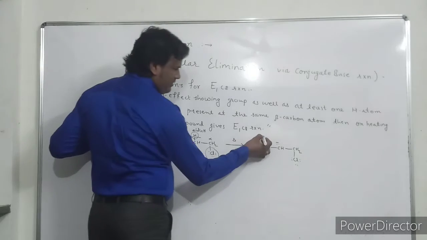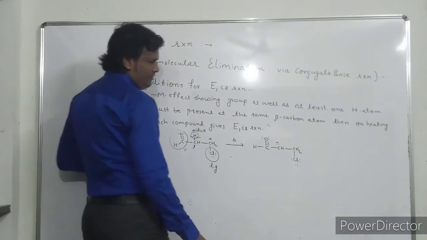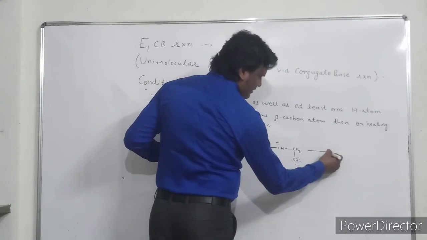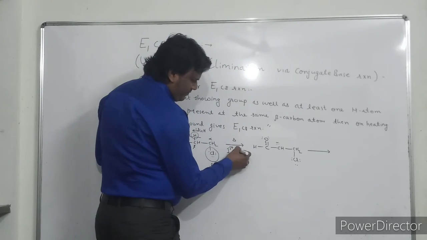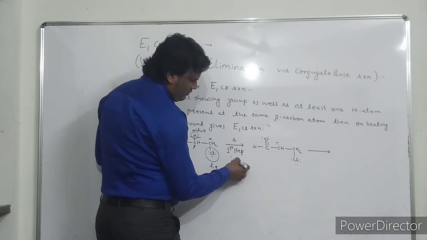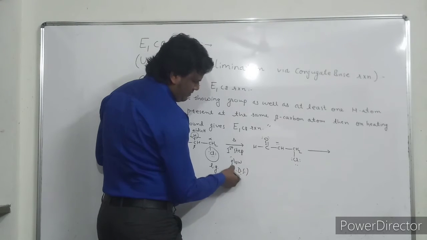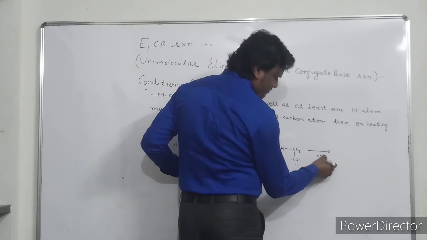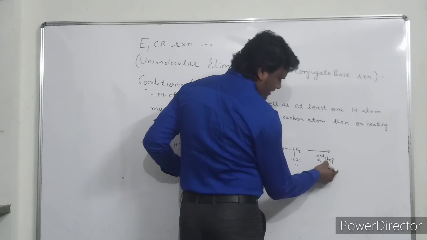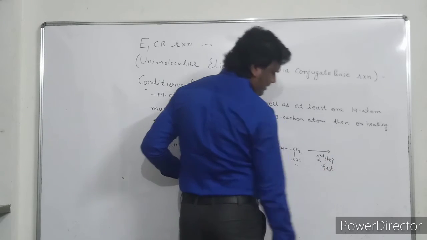These are two lone pairs on the oxygen atom. Now the second step. This is the first step. The first step is slow, so it is the rate determining step. This is the second step. The second is fast and it is not rate determining.